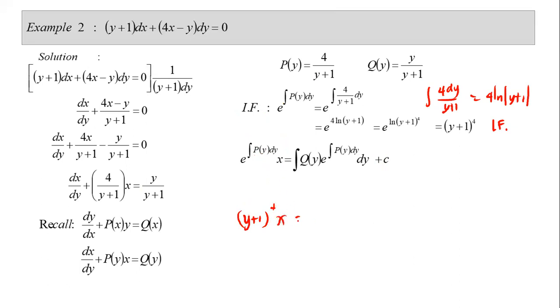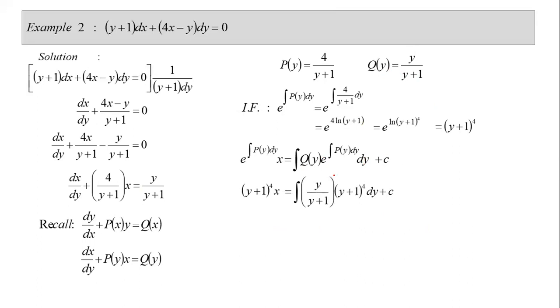And then you simply affix x equals the integral of, and then q of y, that's written of the form y over y plus 1. Okay, and then again, this is our integrating factor, y plus 1 to the 4. All right, and then you just simply affix dy, and then you add c. All right, so you shall have, and then you just multiply this.